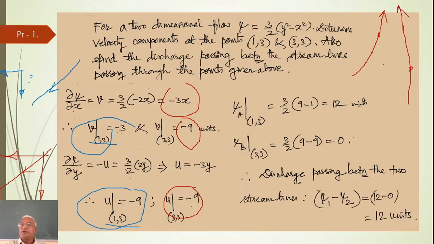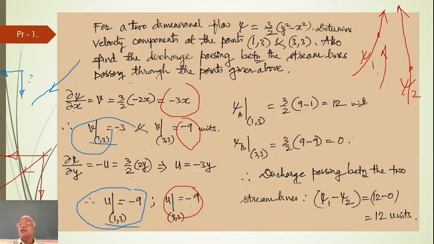Whatever flow is there in between the streamlines, say this value is psi 1 and the value at this streamline is psi 2. If I find the difference between psi 1 and psi 2, or psi 2 and psi 1, that will give you the flow.